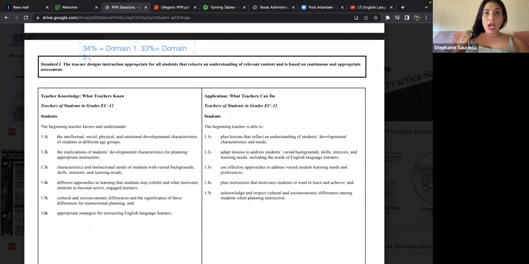Domain three is not just standard three. Domain three is domains 1, 3, and tech apps 1 through 7.